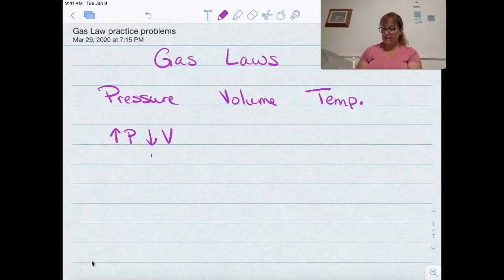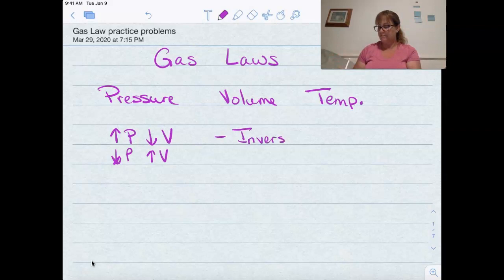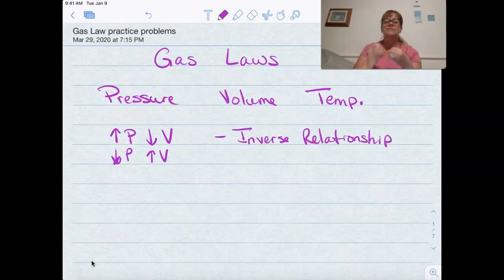Likewise, if I increase the volume, I'm going to decrease the pressure. Now, we talked a little bit about this in chapter 12 as well. But what you discovered on Friday is that when one variable increases and the other one decreases, this is called an inverse relationship. Pressure and volume are inversely related.